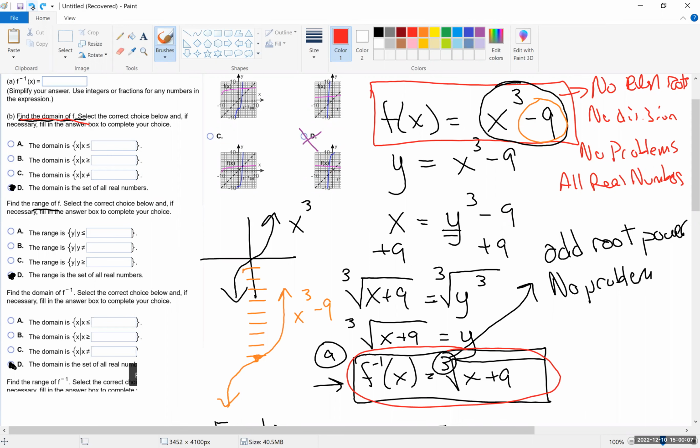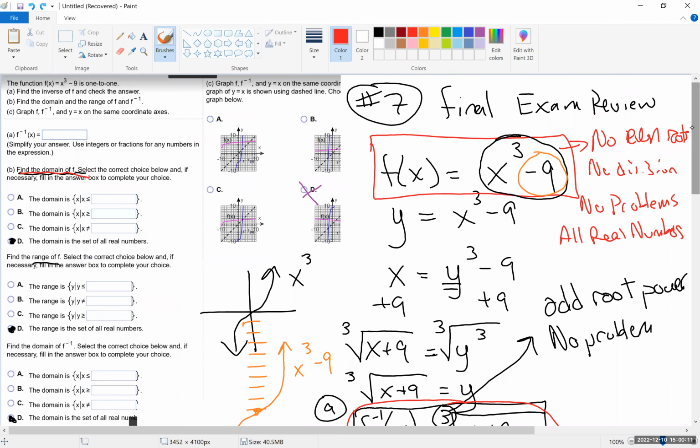Our original function was x cubed minus 9. Maybe I'm looking at this wrong? No, x cubed minus 9. So, am I crazy? F of x is the purple line. Well, if f of x is the purple line, none of them are the answer.